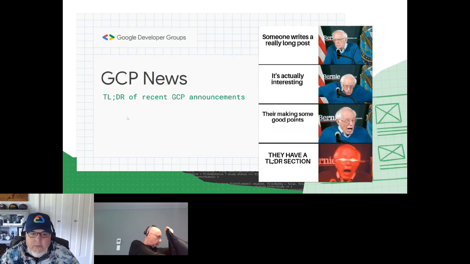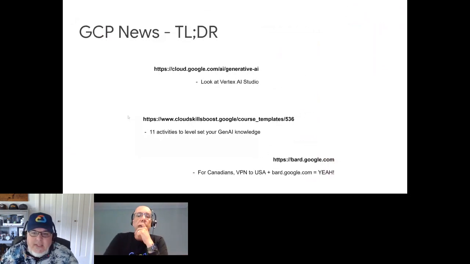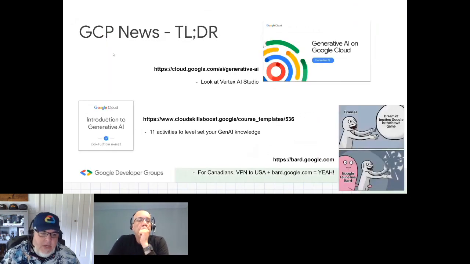All right, so some of the GCP News TLDR, there's a lot in there. Of course, there was no way to not talk about generative AI, not since I/O. There are a lot of resources coming from the Google side, not just the Google Cloud side of things, but Google in general.